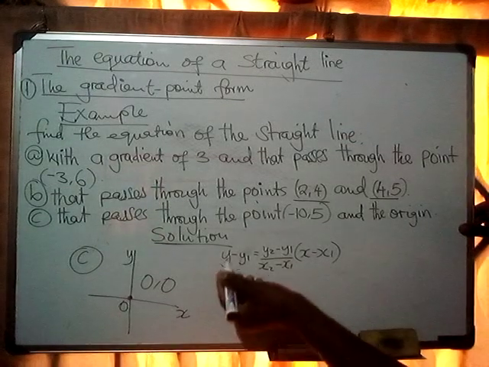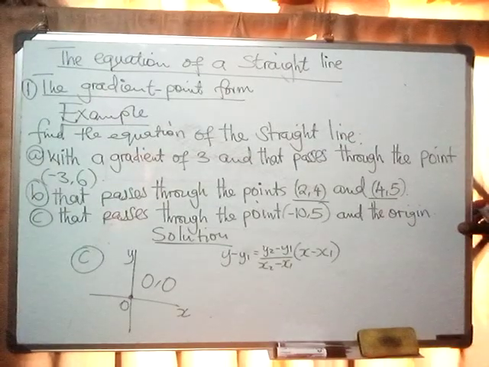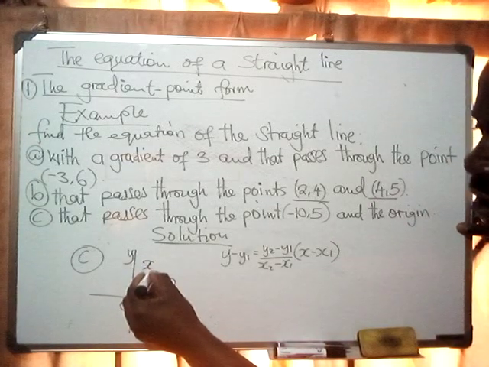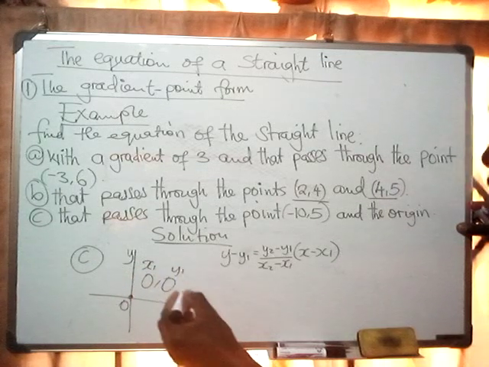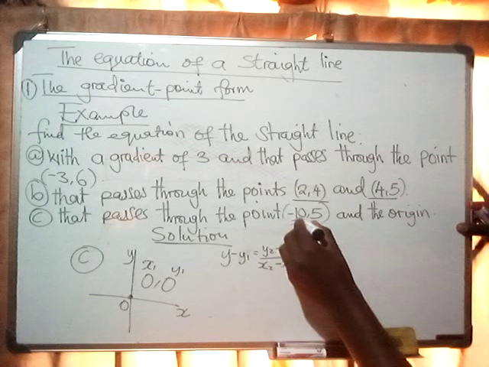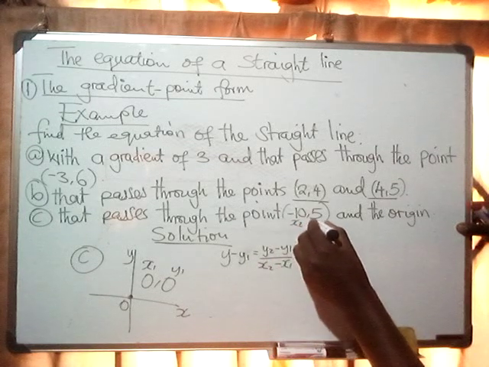So this is the same formula we are going to use. This one I'll call our x1, this one will be our y1, this one our x2, and this one our y2.